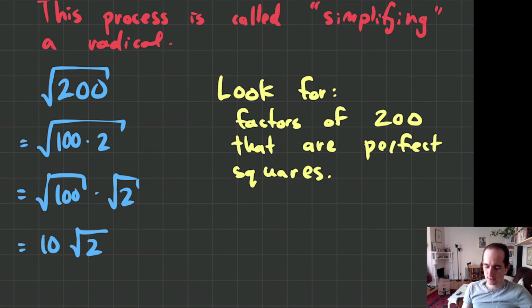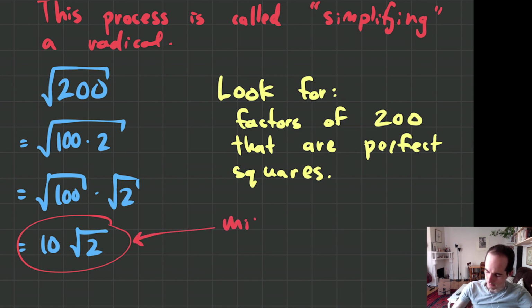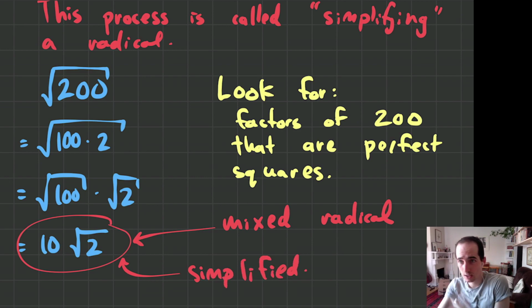So this is that radical simplified, or in other words, I've taken the entire radical and converted it into a mixed radical. So we could call this two things: we could say that this is a mixed radical, and we could also say that it has been simplified.